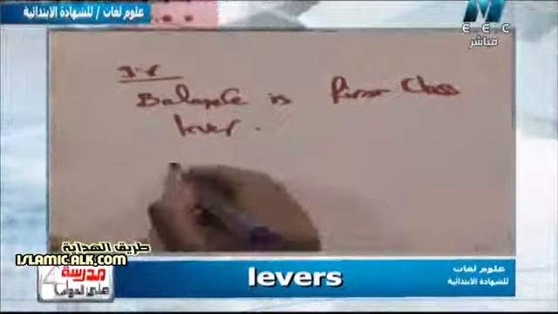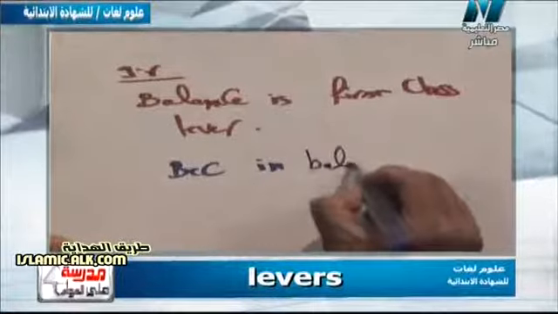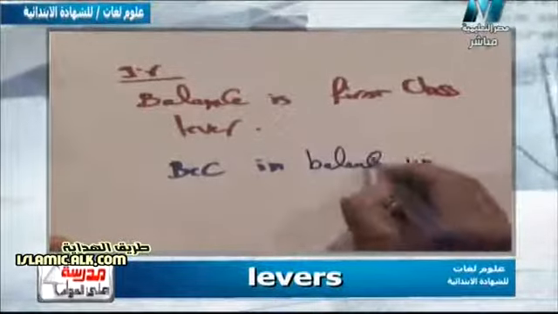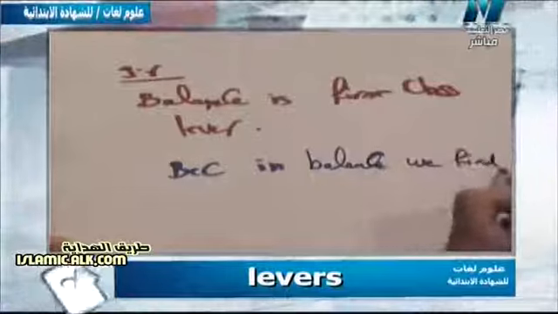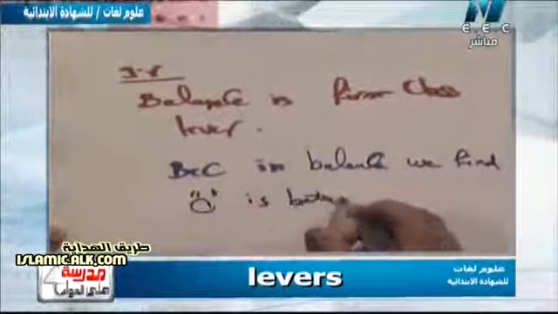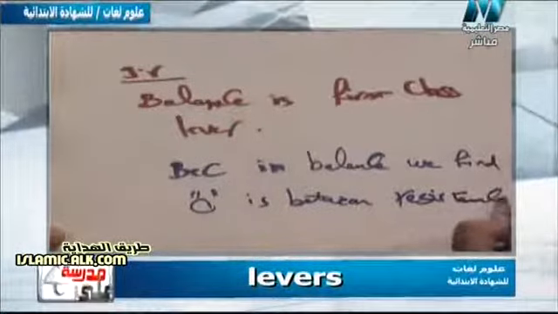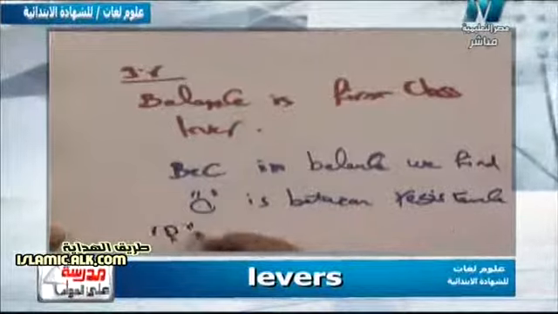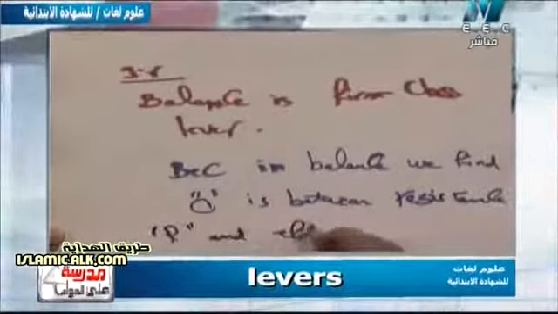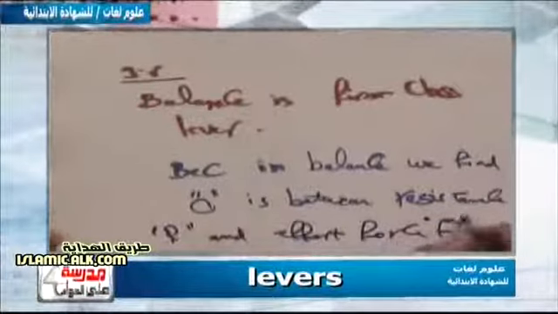So because in the balance we find O, which is the fulcrum, is between resistance R and effort force. Okay, effort force, it is F as we said before.